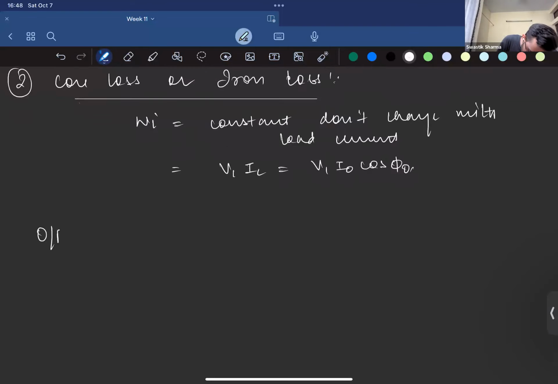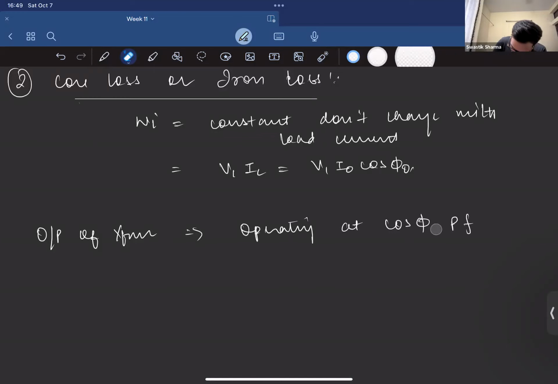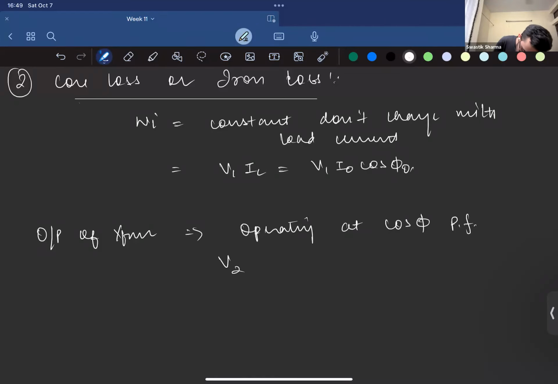Okay, now let's talk about efficiency. So we know the output of the transformer, let's say it's operating at some power factor, cos phi. So the output would be V2 times I2 cos phi, right?